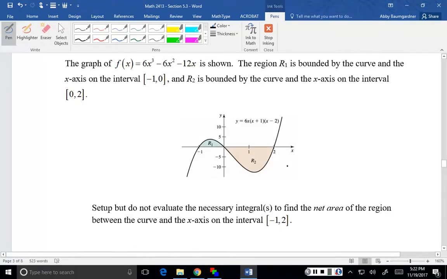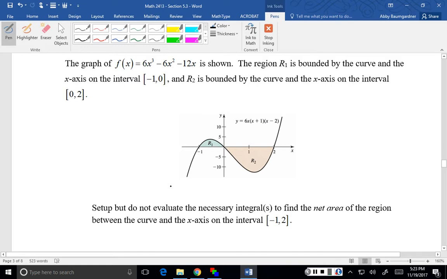All right, so we want to sort of revisit that concept. We have the graph of f of x, and you notice how a great portion of it is below the x-axis, so it's going to return a large negative value for this area, and for this little piece, a smallish positive value. Region R1, or region 1, is bounded by the curve and the x-axis on the interval negative 1 to 0, and region 2 is bounded by the curve and the x-axis on the interval 0 to 2.